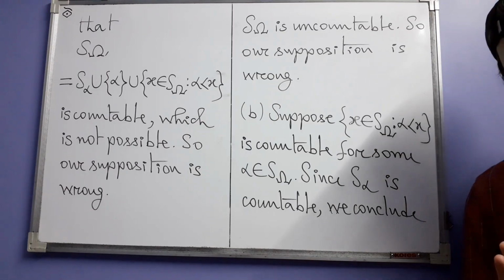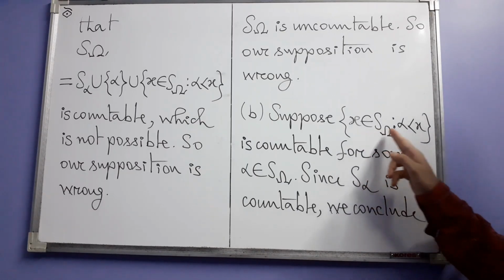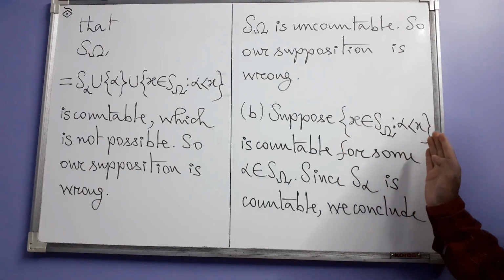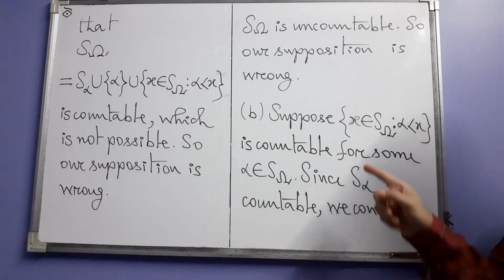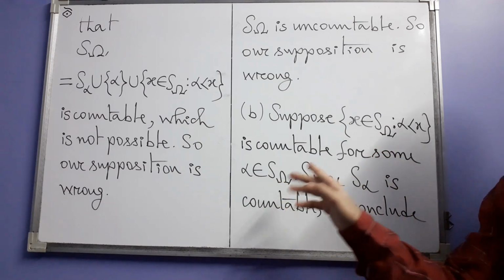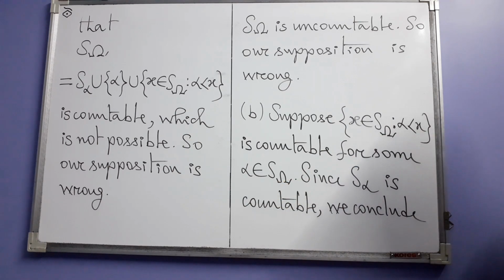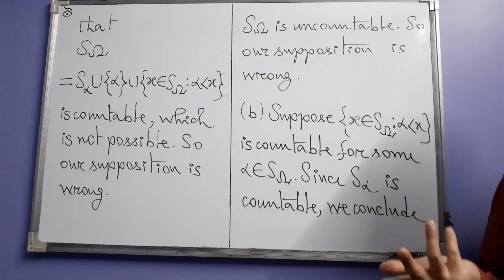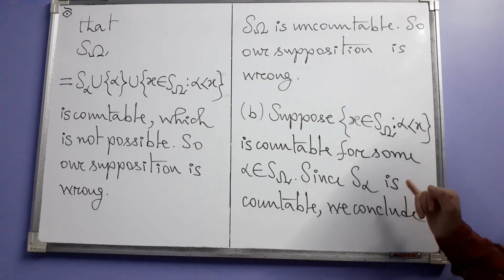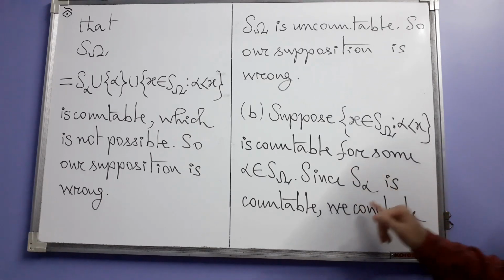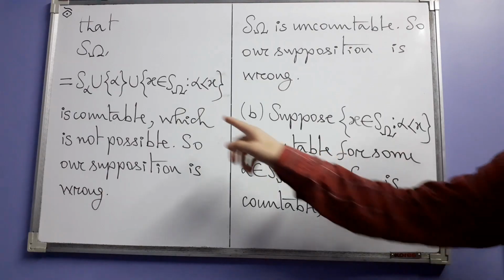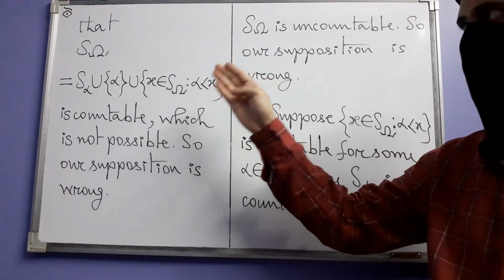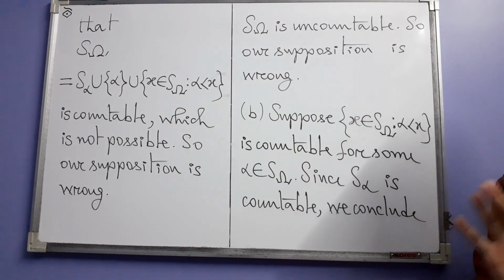Part B is also similar. We suppose that this set, the set of all elements x greater than alpha, is countable for some element alpha in S omega. Now the section of S omega by alpha, that is S alpha, is already known to be countable, and that is why countability of this set, and the singleton set alpha again gives us the fact that S omega is countable, which actually is not a fact.